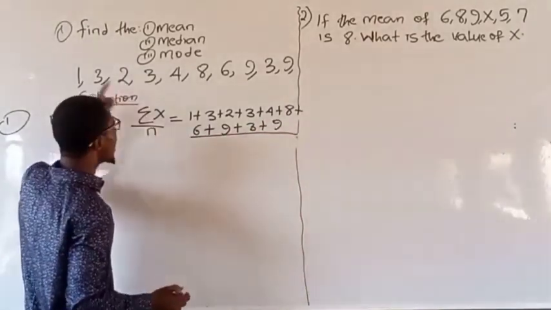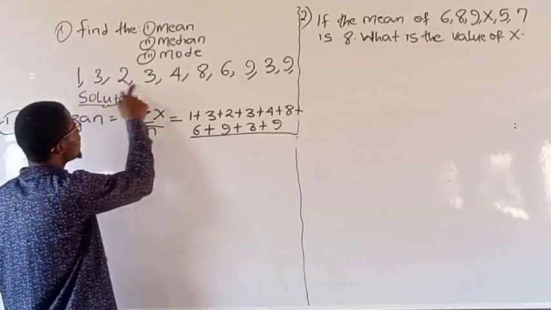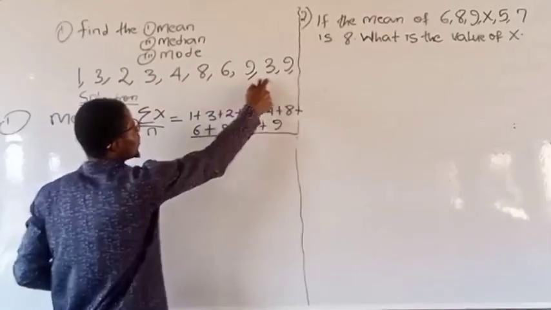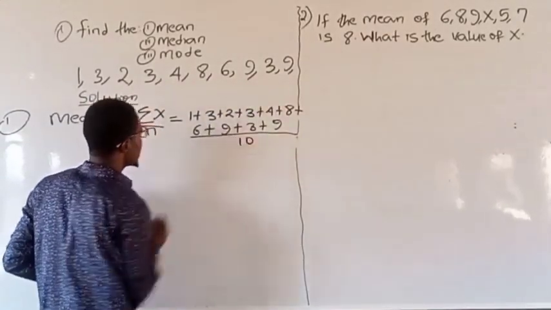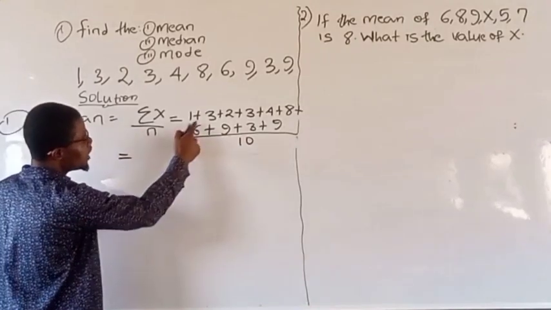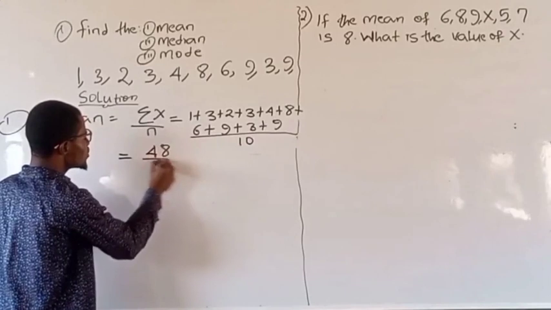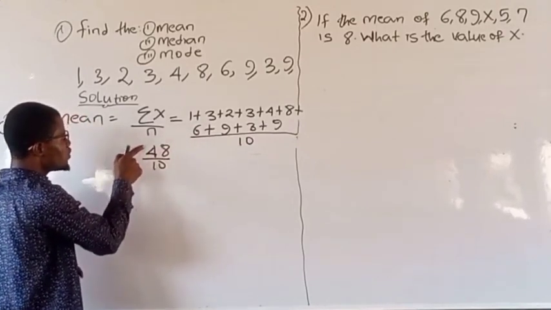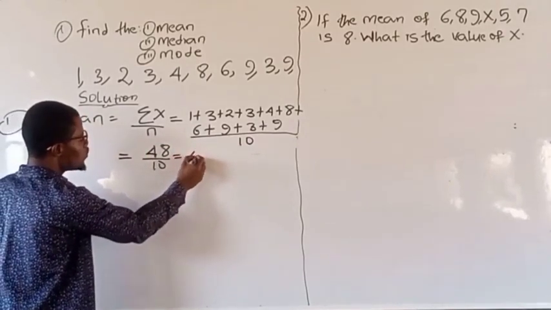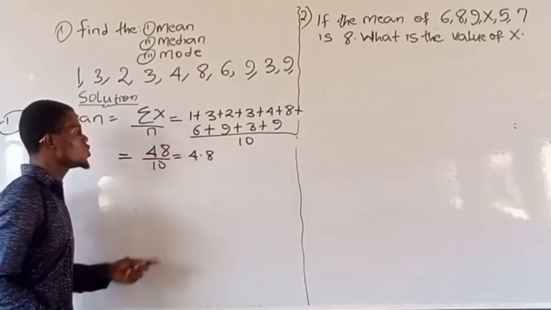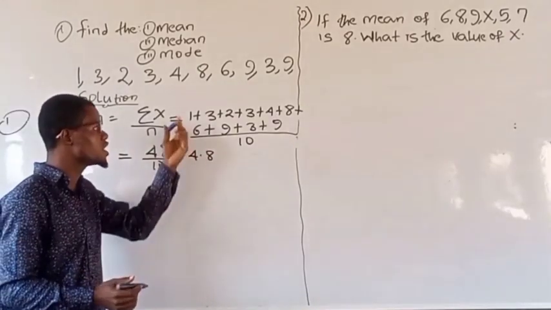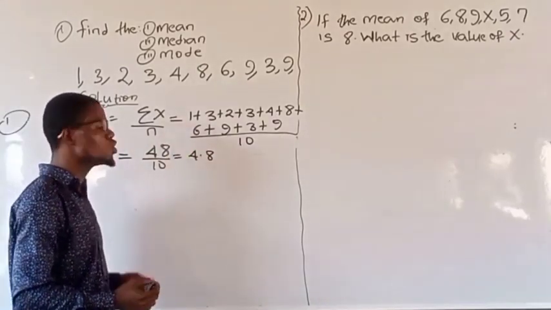Now if I count this number, let me see, 1 2 3 4 5 6 7 8 9 10. So that is over 10. If I add this together, this will give me 48 over 10. If you divide 48 by 10, this will give us 4.8. So that is how to find the mean of a given data like this under the ungrouped data.